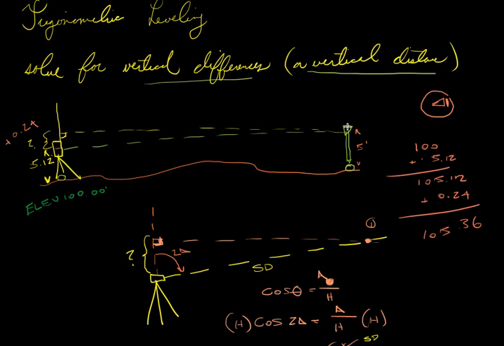That'll get us to right here. Then we want to minus 5, so it's going to be 100.36 feet. So the elevation at 2, so this is point 1, this is point 2, the elevation at 2 is 100.36.